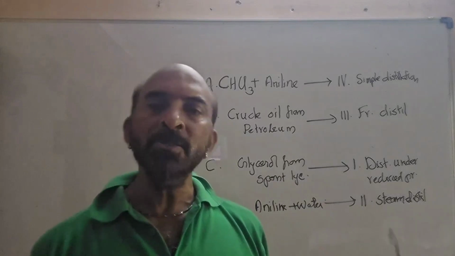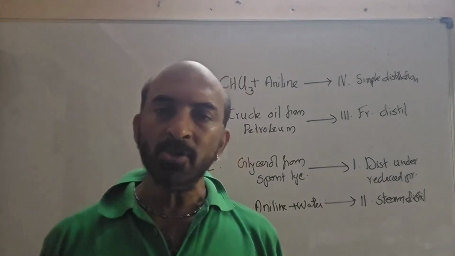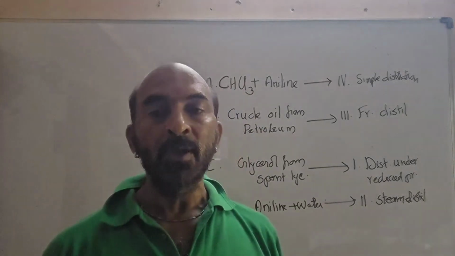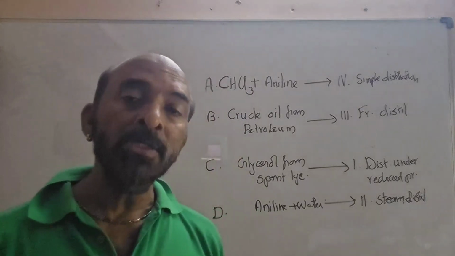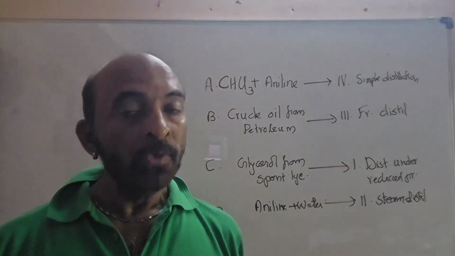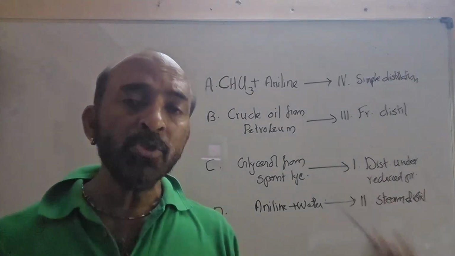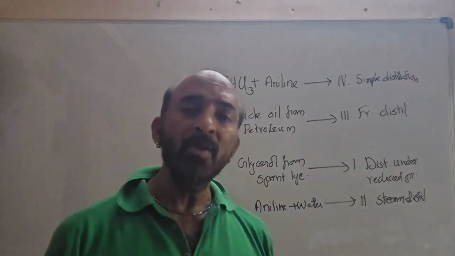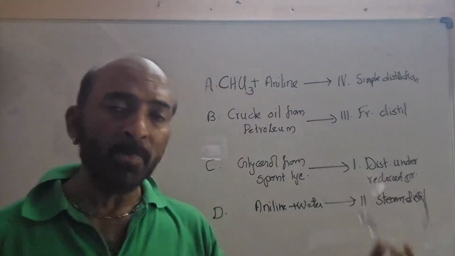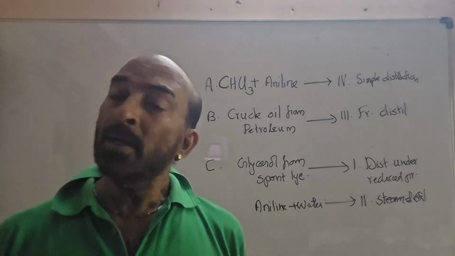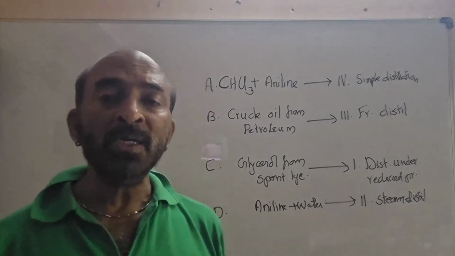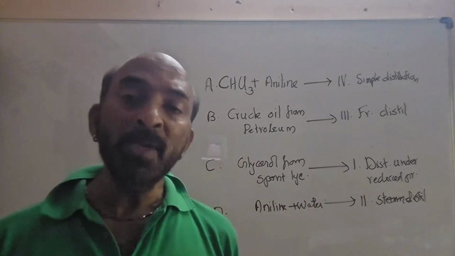So what remains in the aqueous solution? Glycerol. If you want to extract glycerol, a huge amount of water has to be evaporated out. Glycerol has a much higher boiling point, so that will remain there. To boil off so much water, so much fuel will be required.